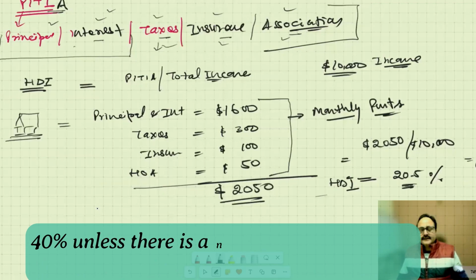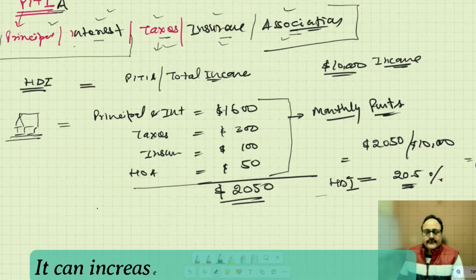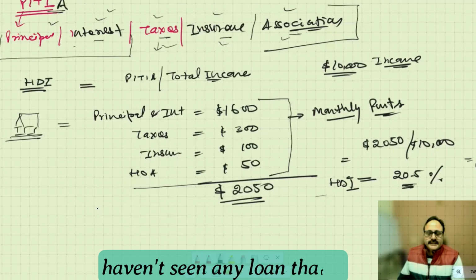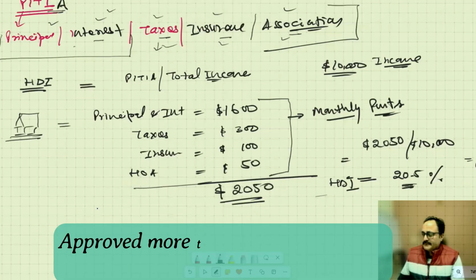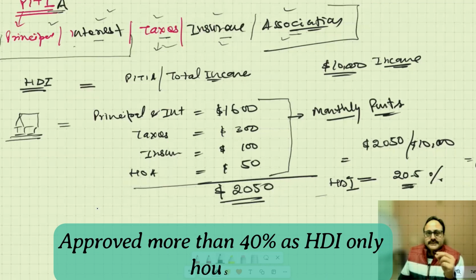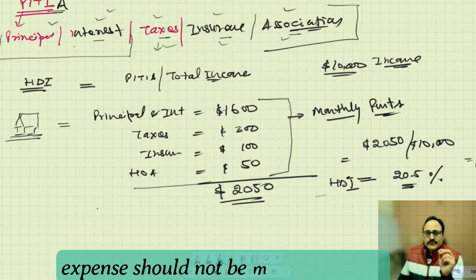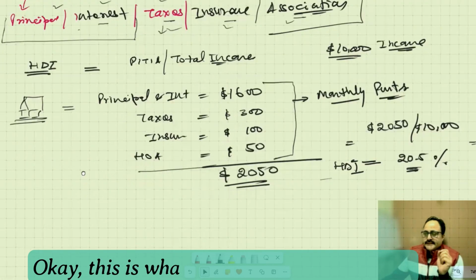Unless it is an FHA loan or VA loan, it can increase to 45, 46% or nearby 50. But I haven't seen any loan approved at more than 40%. HDI, only the housing payment or mortgage payment or housing expense, should not be more than 40. This is the HDI only.